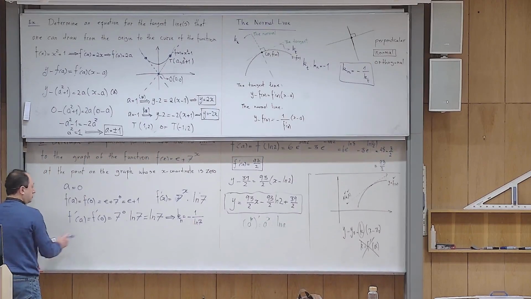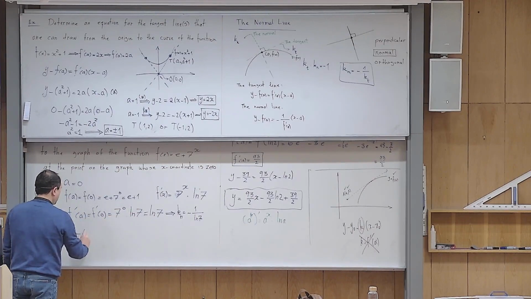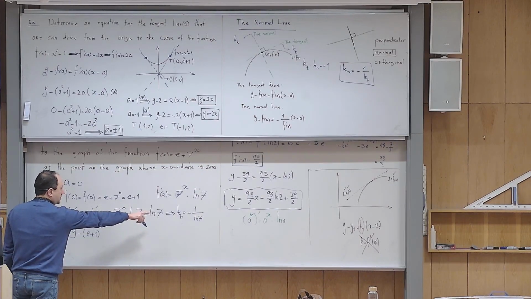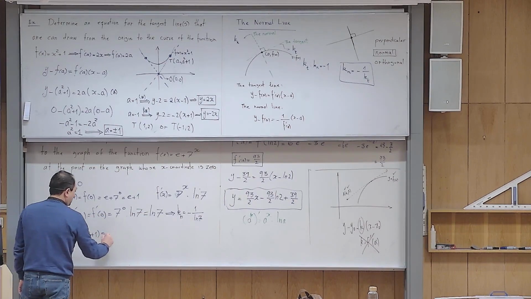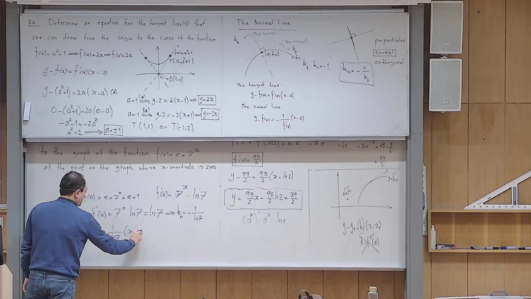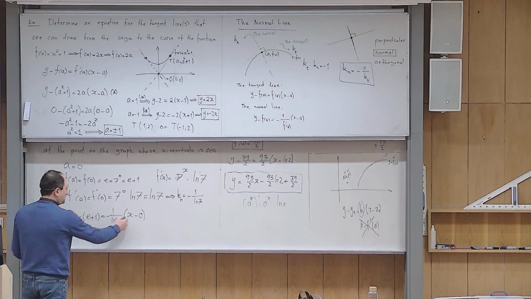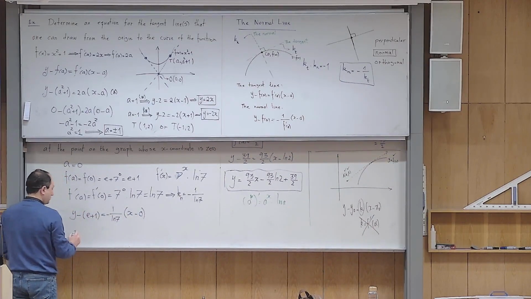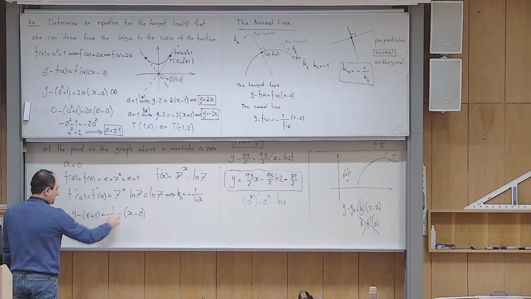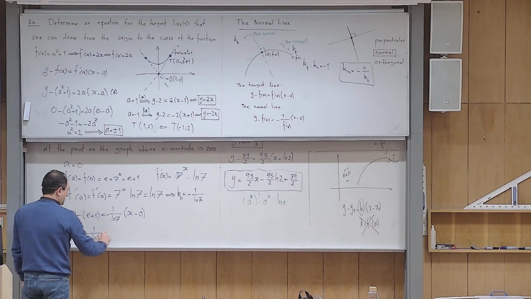So you put them in the formula. y minus f of a, which is e plus 1, equals the slope for the normal line, times x minus a, which is 0. Usually we isolate y. So I multiply this in and move this to the right. This becomes minus 1 over ln of 7, times x, and then I move this to the right.